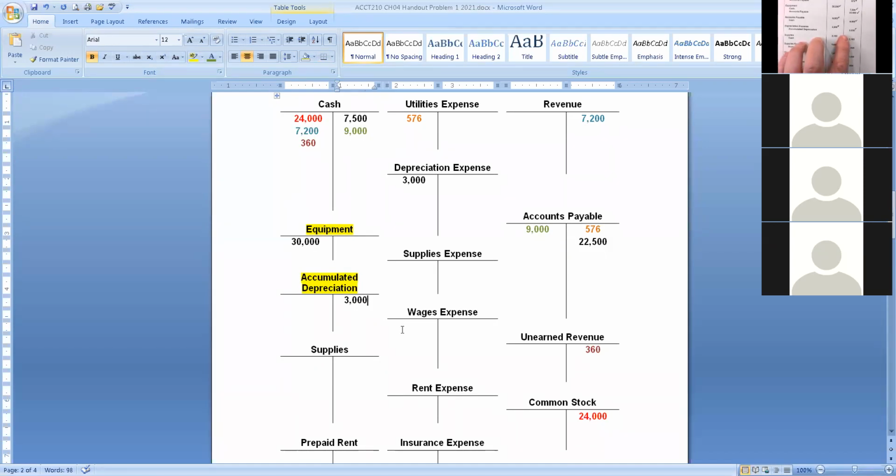Okay, so next one. Supplies are 22,160. Let's give that a color. Oh, I didn't do depreciation expense color. Well, let's do the color for that one.